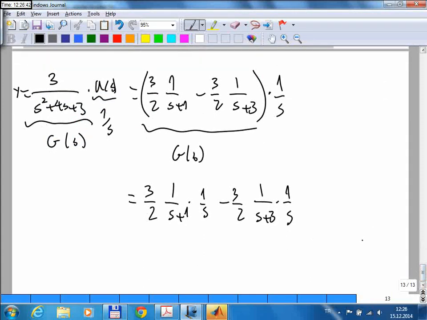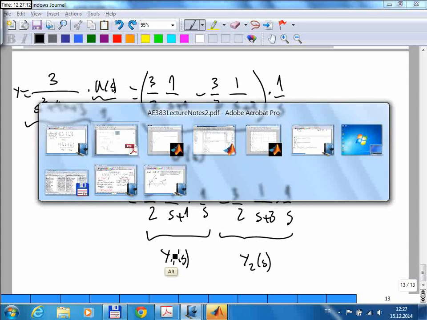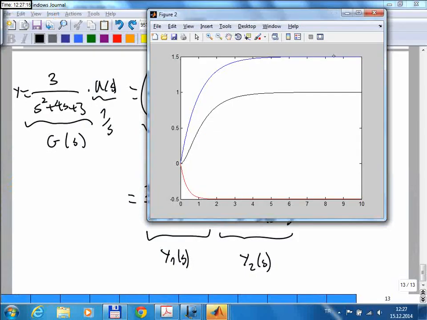So to find the response, you need to do partial fraction expansion one more time on these two second order functions, right? So this gives you y1 of S, and this gives you y2 of S. And if you do the partial fraction expansion on this one and this one, you will find out that y1 goes to a steady value of 3 over 2, and the other one goes to minus 1 over 2.